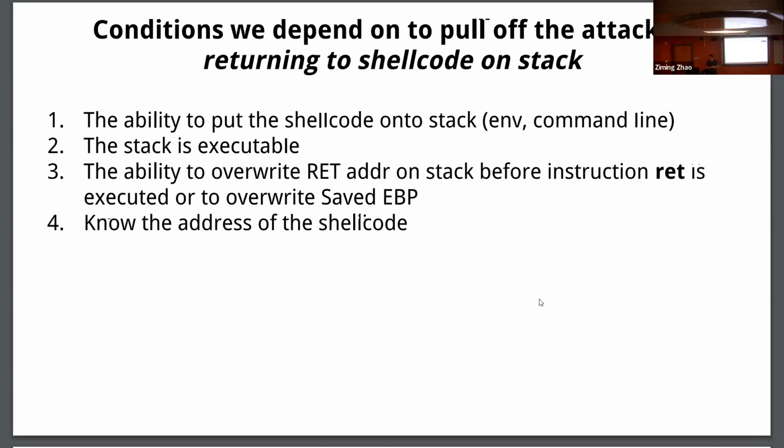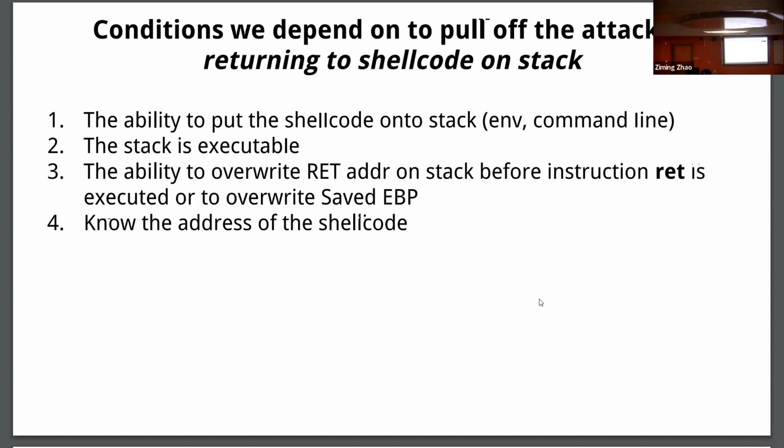So the key here is that the return address is a code pointer, the address of a piece of code. That's why we call it a code pointer. As long as that code pointer is dereferenced, meaning the address is called, then eventually we can let the CPU execute some malicious code.